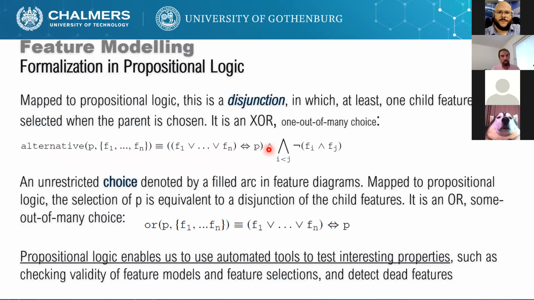This is ANDed with a condition of Boolean logic that says it can be disjunctioned on the condition that no two children can be selected. Only one, one and only one. This is why you have this negation of the ANDed child features.